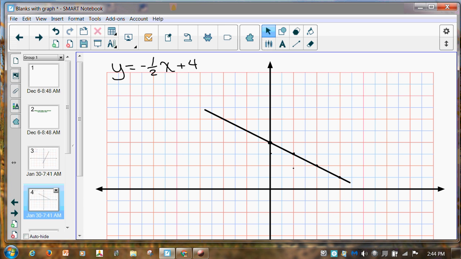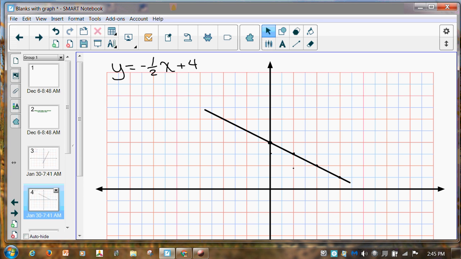Suppose that we didn't want to do it that way and we wanted to use the x and y intercepts. Linear equations really are so simple to graph using either slope-intercept or the y- and x-intercepts. But let's suppose that we wanted to know in advance where the x-intercept was.